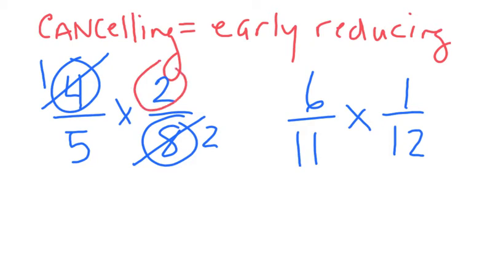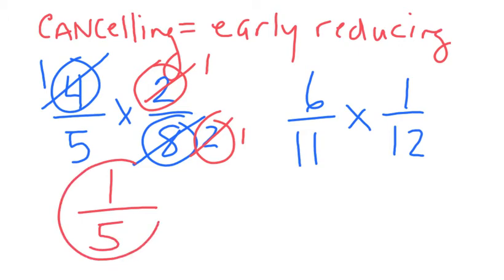I could cancel the 2 and the 2 because 2 goes into 2 one time and 2 goes into 2 one time. So now my problem just got a lot simpler because 1 times 1 is 1, of course, and 5 times 1 is 5. So the answer is 1/5.